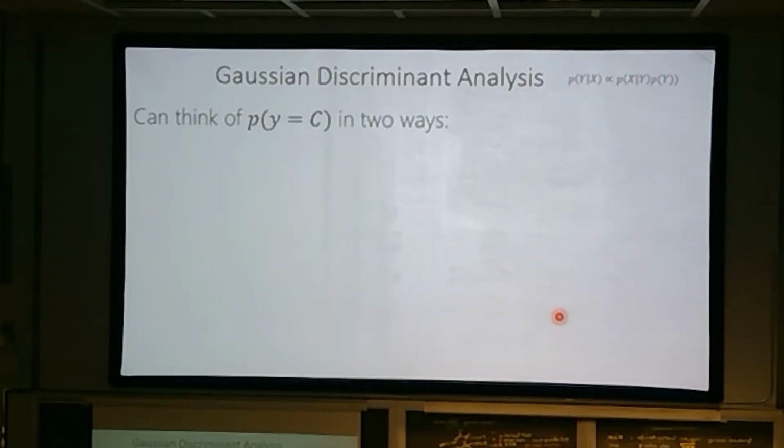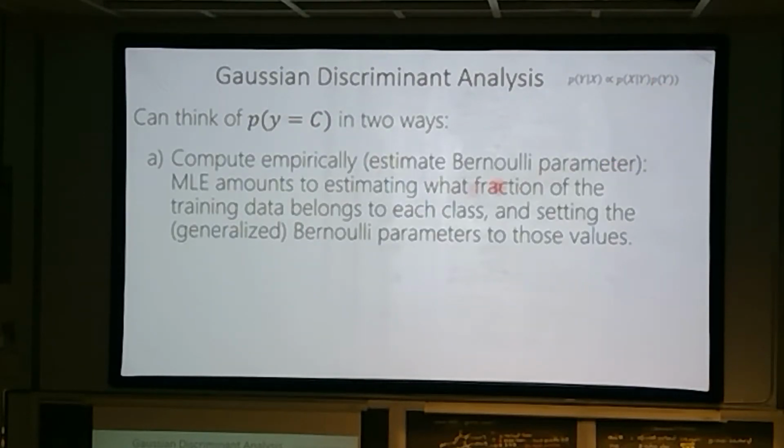You can think of this p of y term in two ways. We can compute it empirically from the data. Someone gives us a data set with a bunch of cats and a bunch of dogs, and if half is dogs and half is cats, then the empirical estimate is 0.5 for one class and 0.5 for the other.